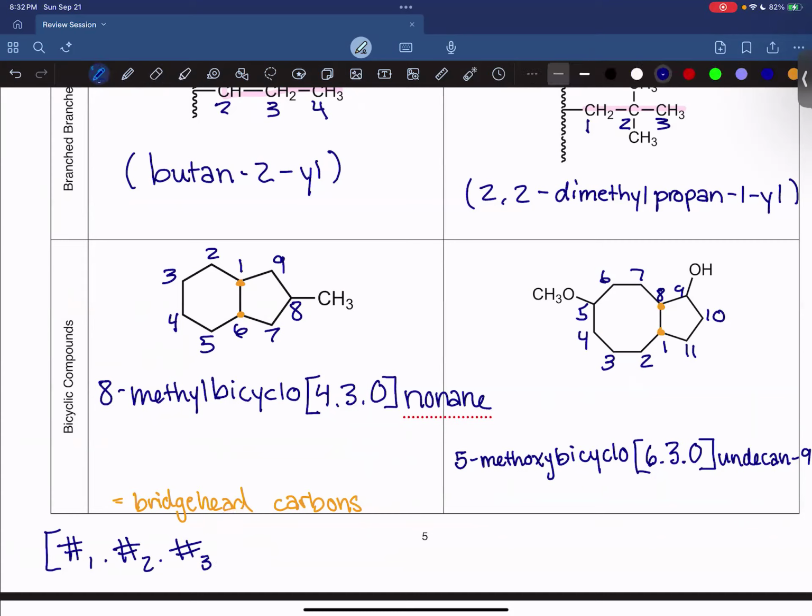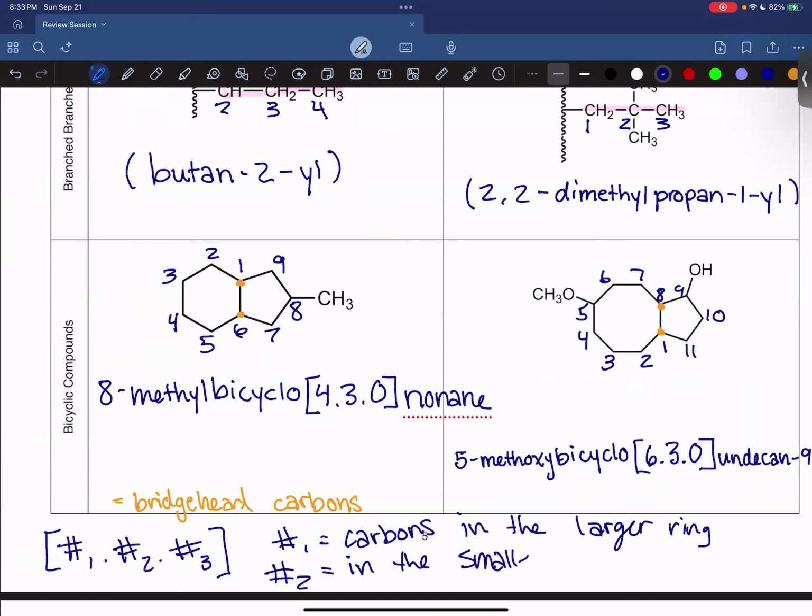So the first number equals the carbons in the larger ring. The second one is in the smaller ring. And then the third number is the number of carbons between the two. Does that make sense?